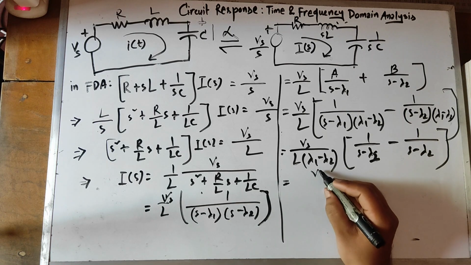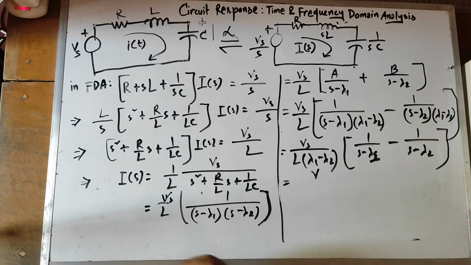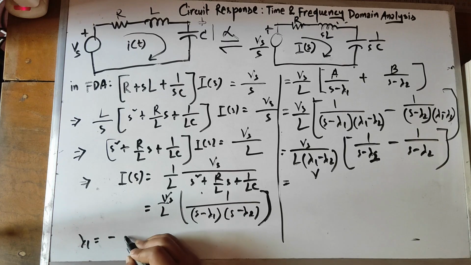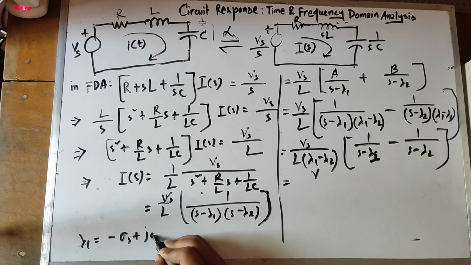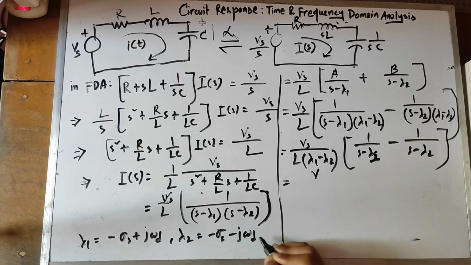Basically, lambda 1 is minus sigma s plus j omega d, and lambda 2 is minus sigma s minus j omega d. So if I subtract these two, it will give us 2j omega d.